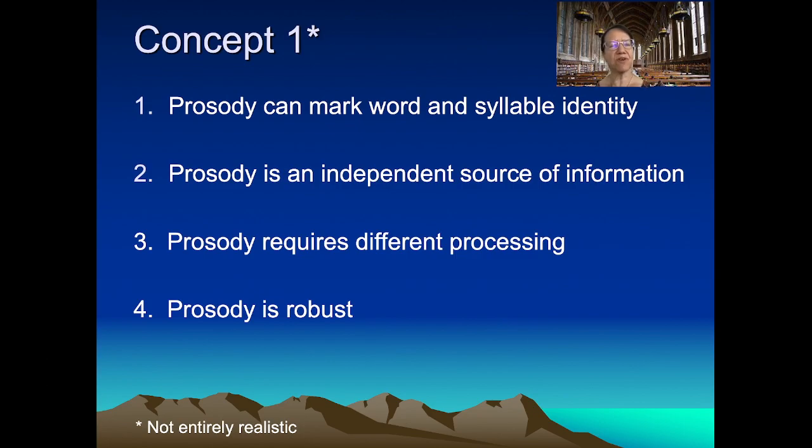It's also the case that prosody might require different processing. Usually decisions about phone identity in this sort of processing involve short units of spectral information, maybe 25 milliseconds, but the domain of prosody is usually longer than that, so we might need an additional way of dealing with it.